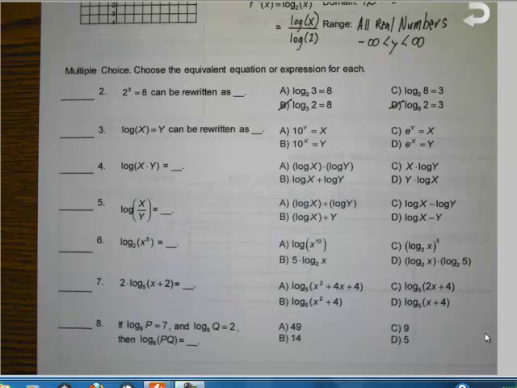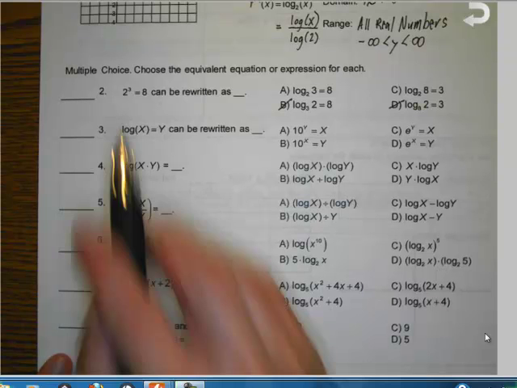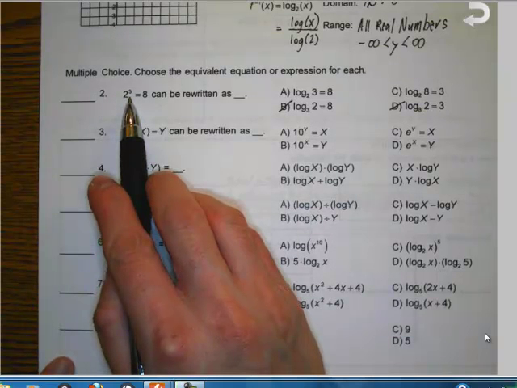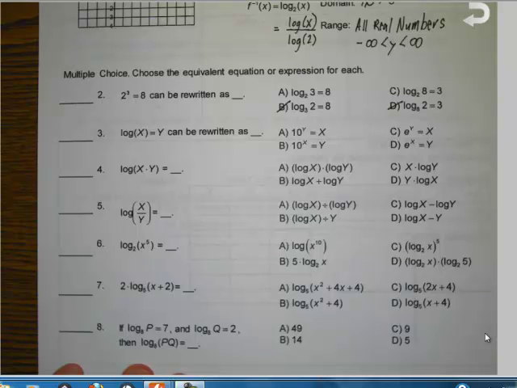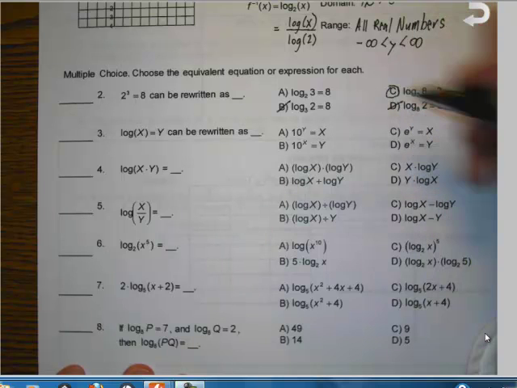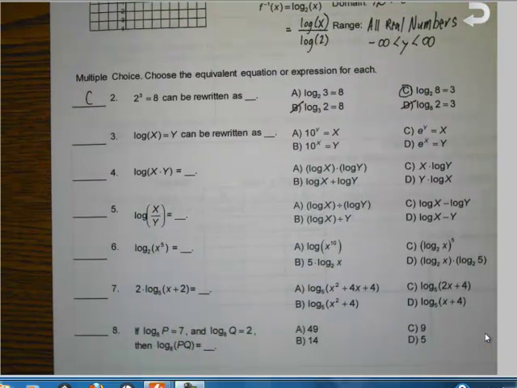The base is 2. Here, the exponent is near. What was near becomes far. What is the only one where the exponent 3 is far from the base? C, which is the correct response. So the easiest way to remember it is what was near is far, and what was large is small.